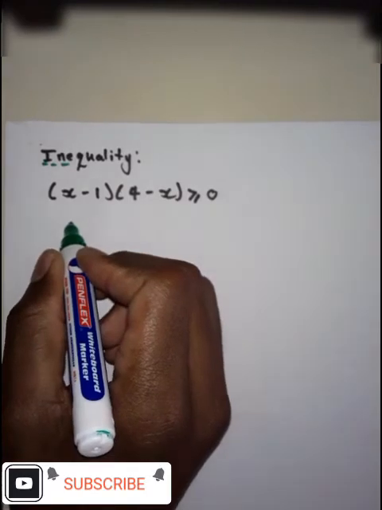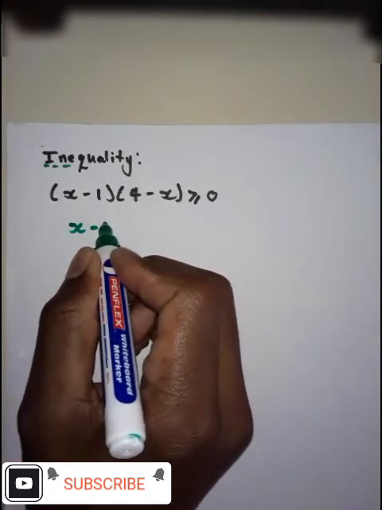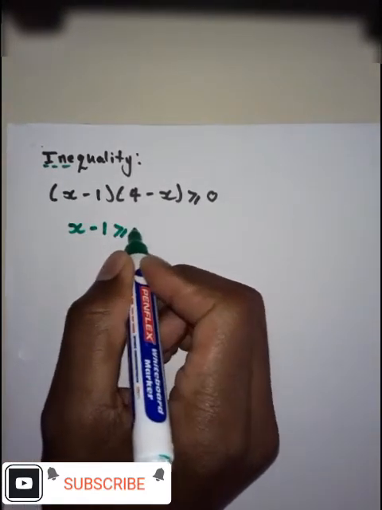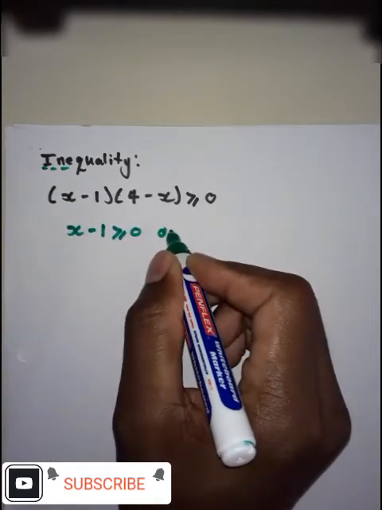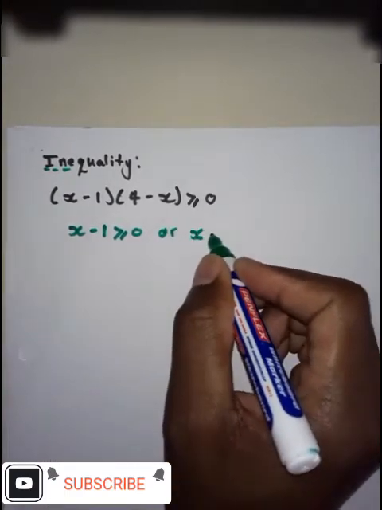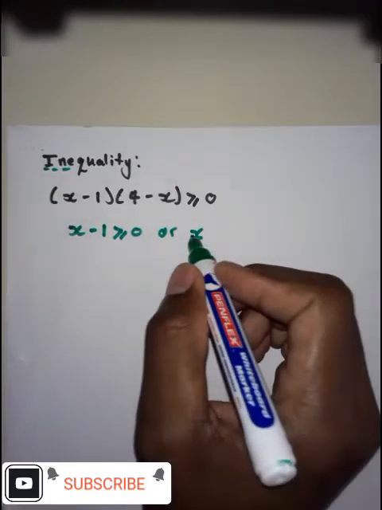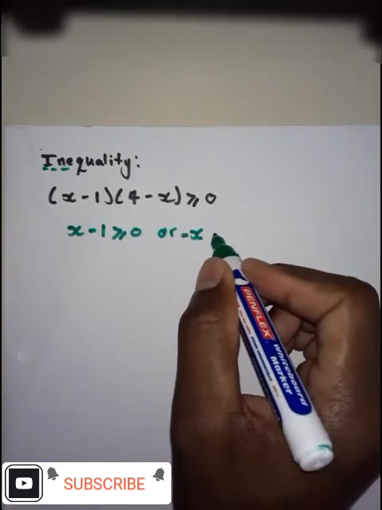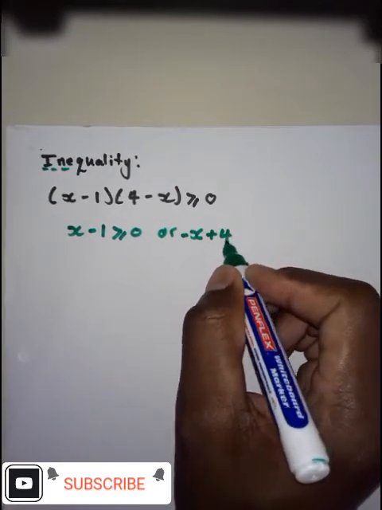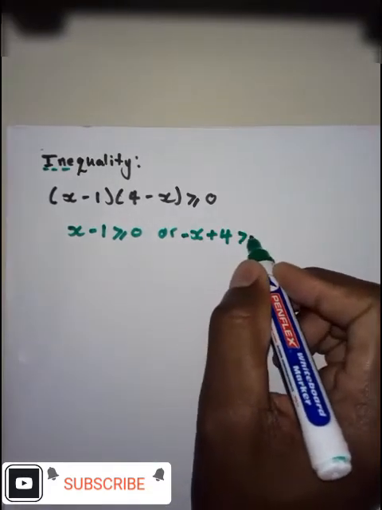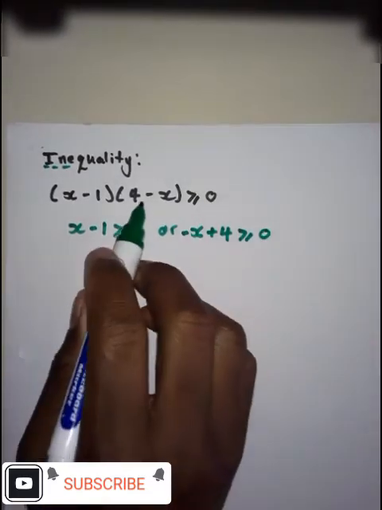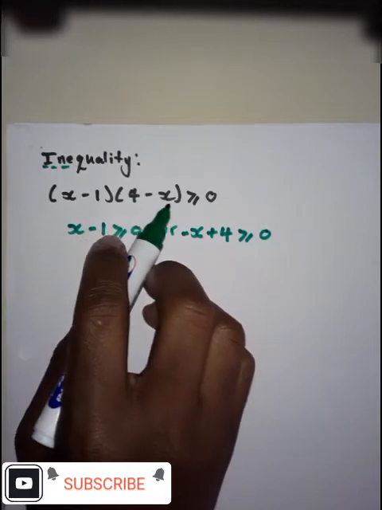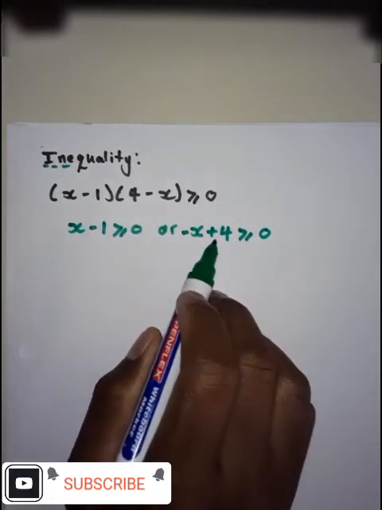So you are going to say x minus 1 is greater than or equal to 0, or, oh sorry, I can say minus x plus 4 is this one here, is greater than or equal to 0. Remember that was 4 minus x, so I'm just saying minus x plus 4.